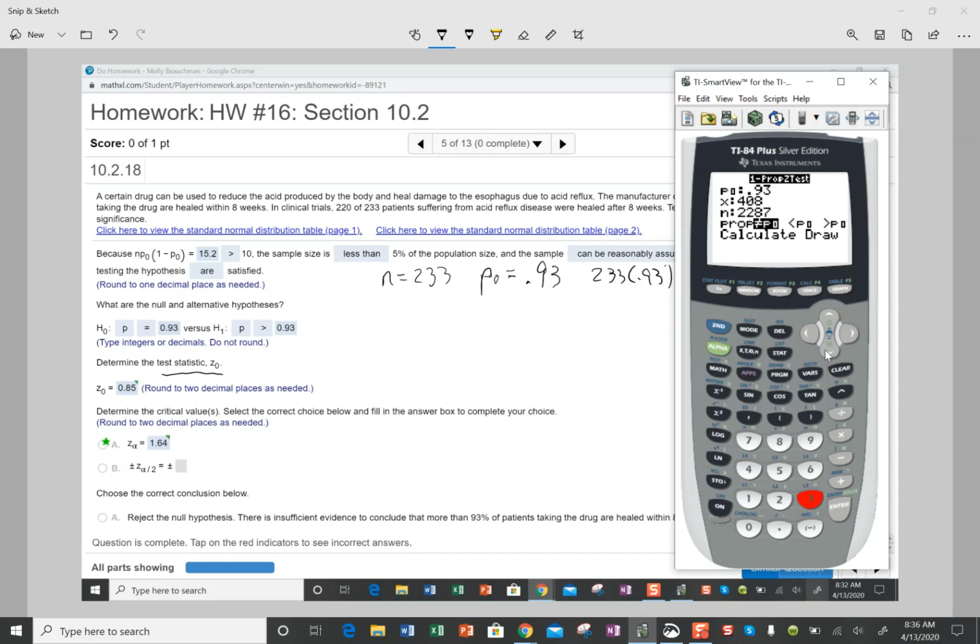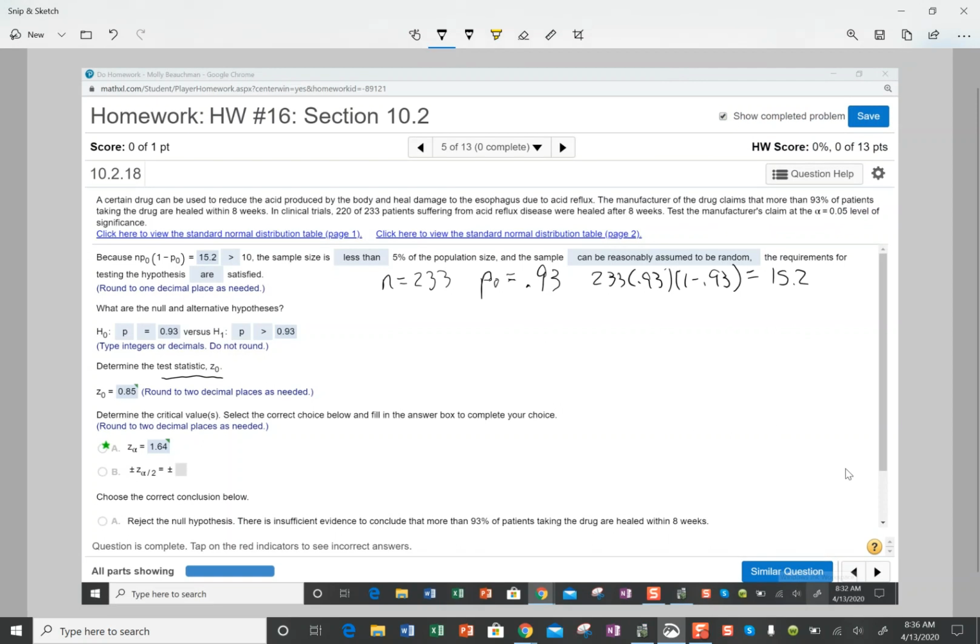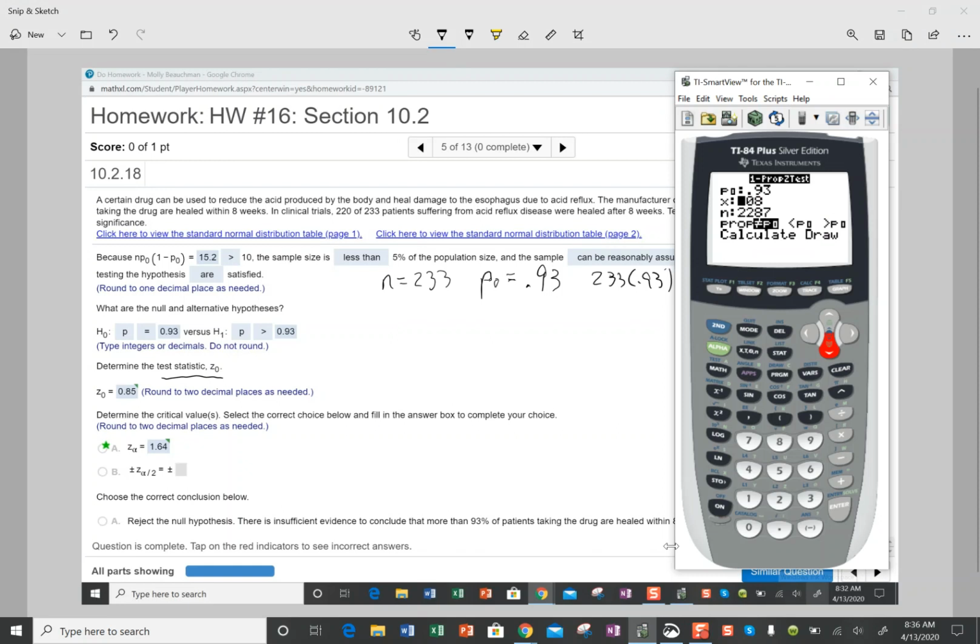We need x, the number of successes out of your sample size. In the clinical trials, 220 out of 233 patients suffering from acid reflux were healed, so our x is 220 and our n is 233. Then the test that we're doing is greater than, and we go ahead and calculate.